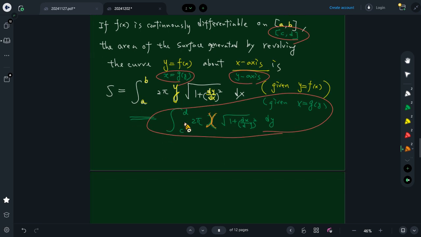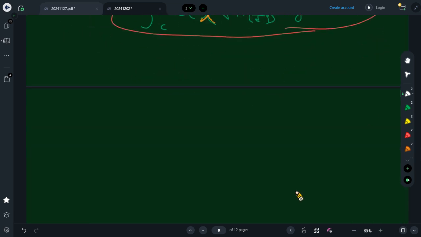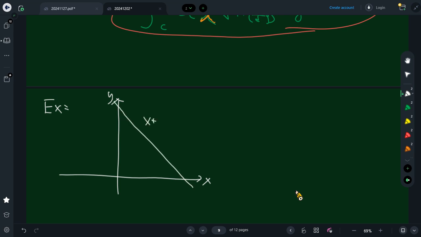Okay, let me give you a quick example for this part. For example, I give you x plus y equals 1, but the revolution is about the y-axis.